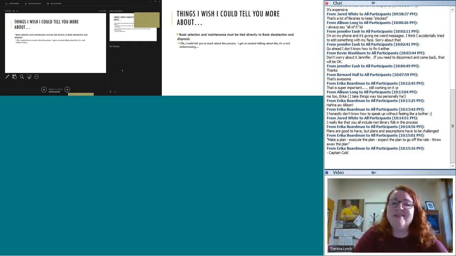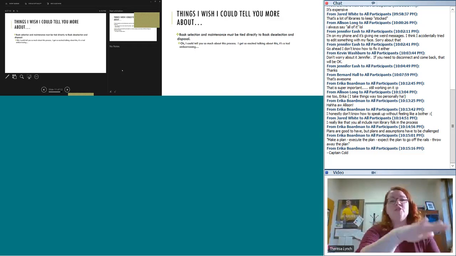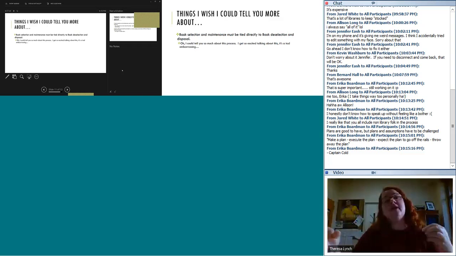Book selection and maintenance must be tied directly to book deselection and disposal. This is something else that we started just right after we started with the book model financial plan. And this was getting at the whole idea. Remember how I told you that he created those beautiful graphs that showed the decay, how quickly books in various collections leave your collection.